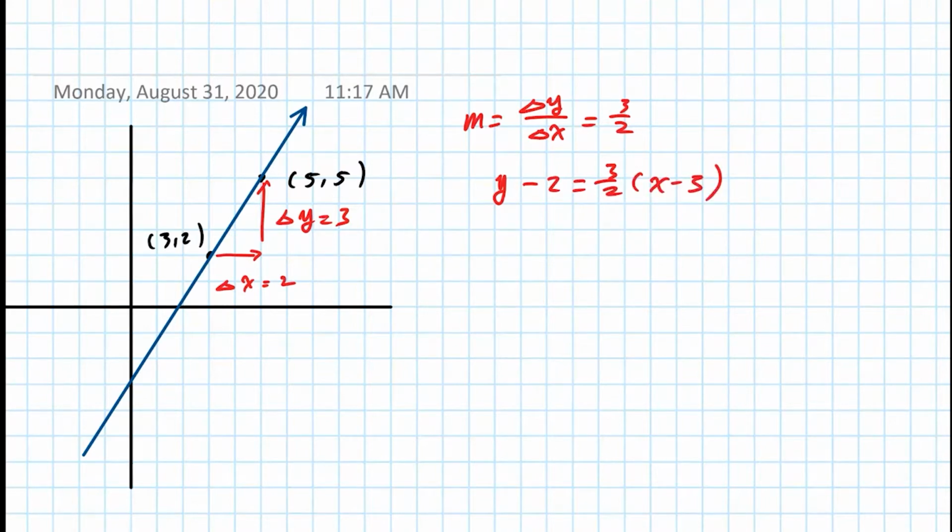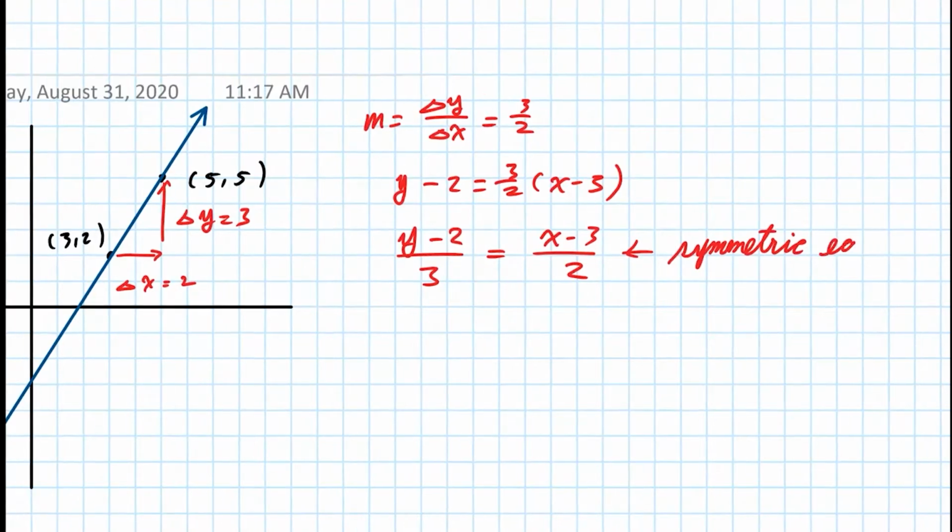Let me write that in a slightly different way. And if you notice, this is our symmetric equation, isn't it? How about that? Now, does that remind you of something, ellipse looking thingy?